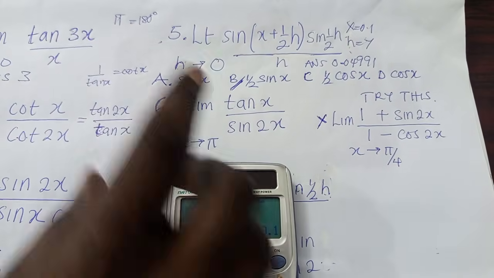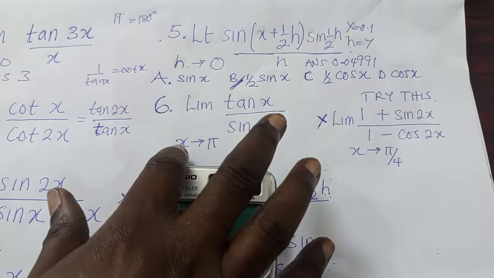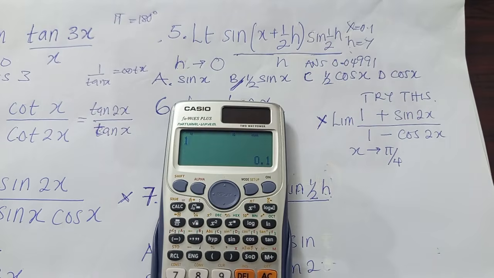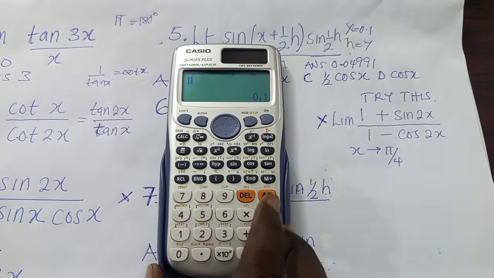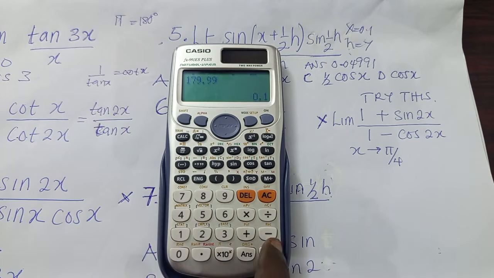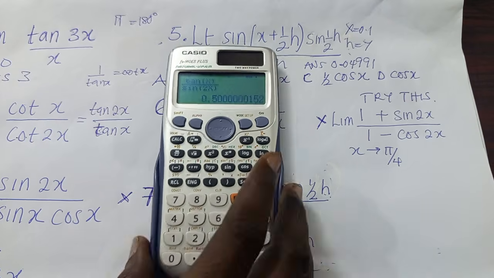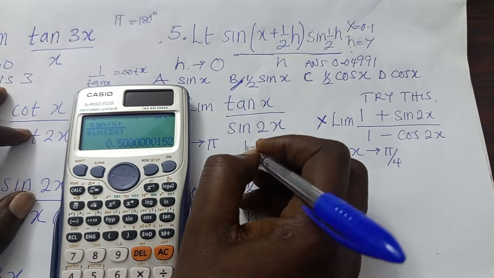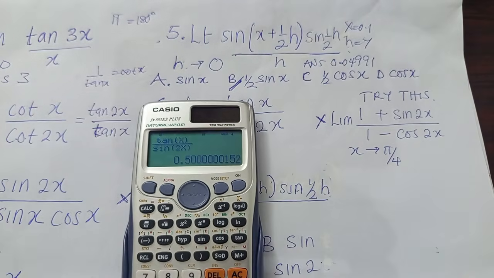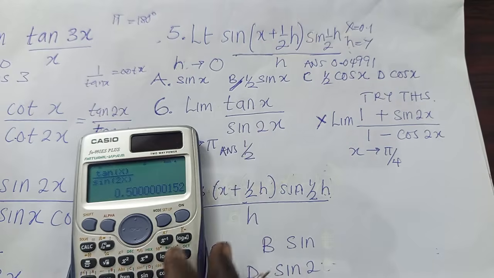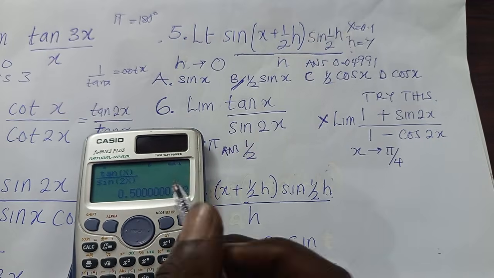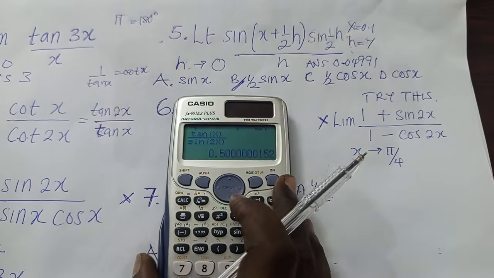We are not going to type exactly 180 because it's tending to pi, so I will use 179.99. That will give us 0.5, which is 1/2 as the answer. So try it again and do it over and over. Don't forget, you are going to use pi as 179.99. Make sure your calculator is in degree.